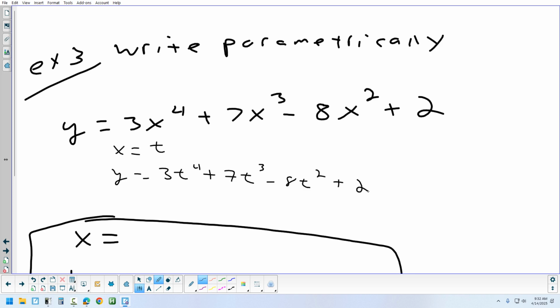Yep, that's it. So it's actually pretty easy to change something to parametric, as long as you're allowed to do that. Right? And if you want to check it by reversing it, solve your x equation for t, it already is, and then everywhere you see a t, fill in the formula that you got, which is just x. And it changes it exactly back to what you started with.